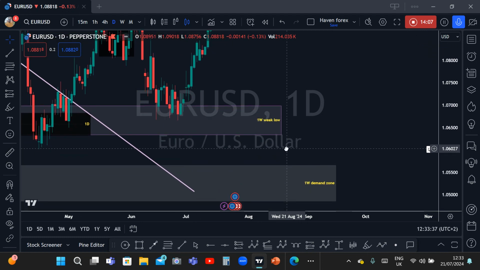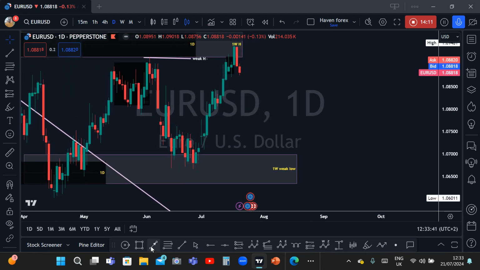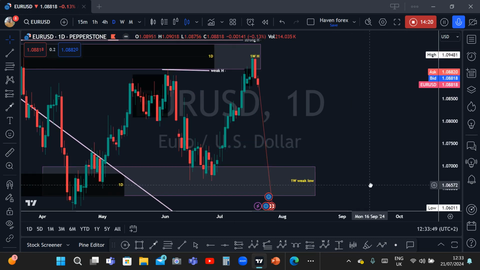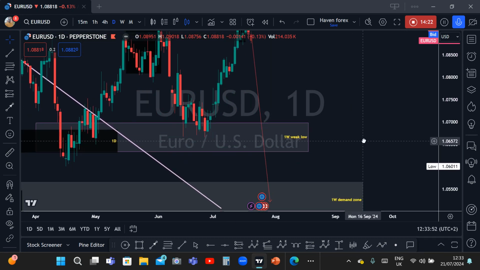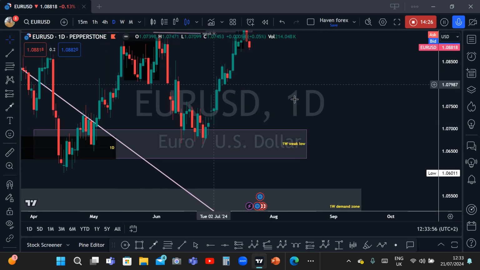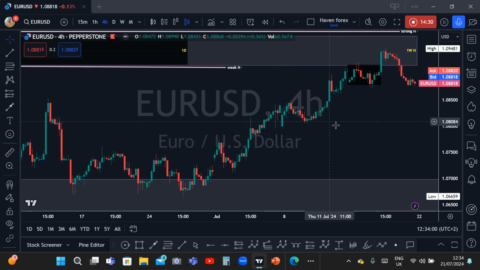The whole idea is for this trend to come and tap into this weekly demand zone. That is the idea. So after you have done that, marked all, you know the direction of the trend, you can now scale down to 4 hours.